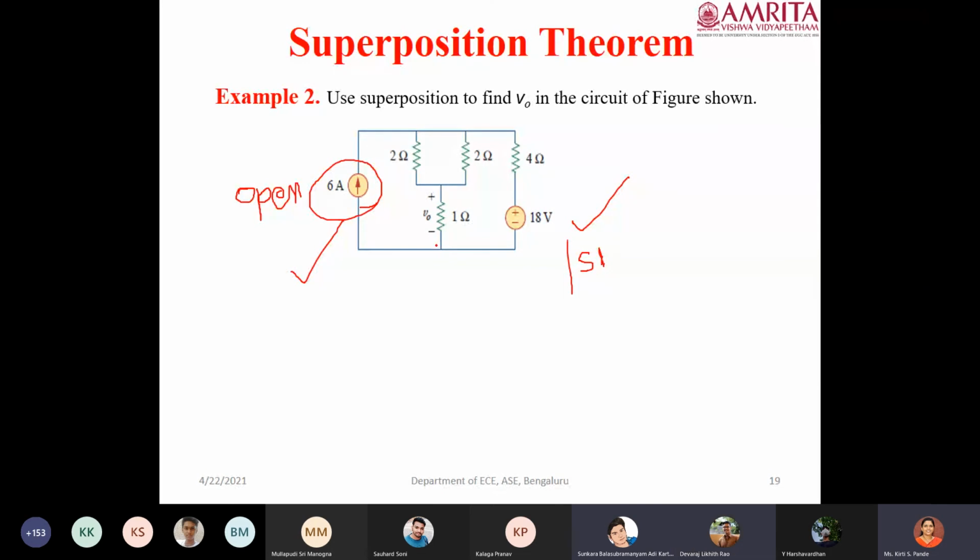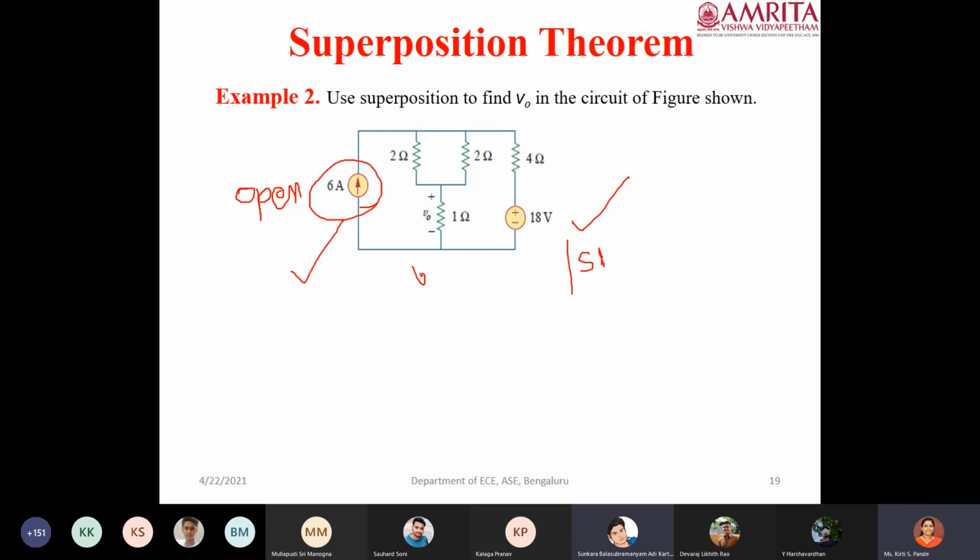Yes, ma'am. For the first case, we have to use KVL. For the second case, we can use current division. Yes, that is why I said KCL, KVL, mesh analysis and nodal analysis. These 4 form the foundation. You can apply that to any circuit, to go ahead with various theorems.